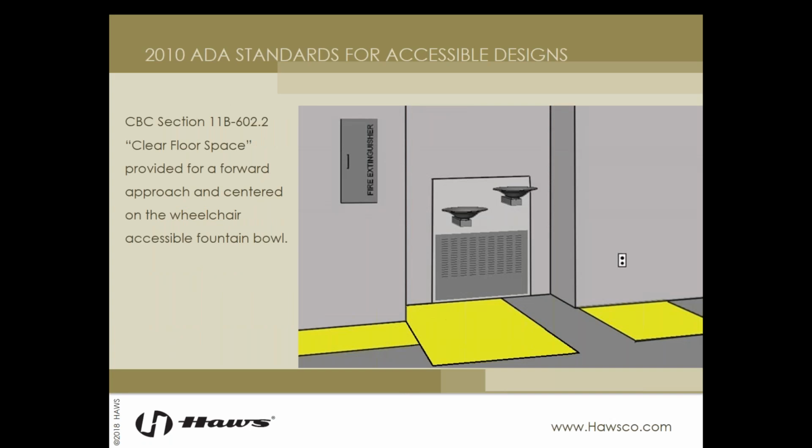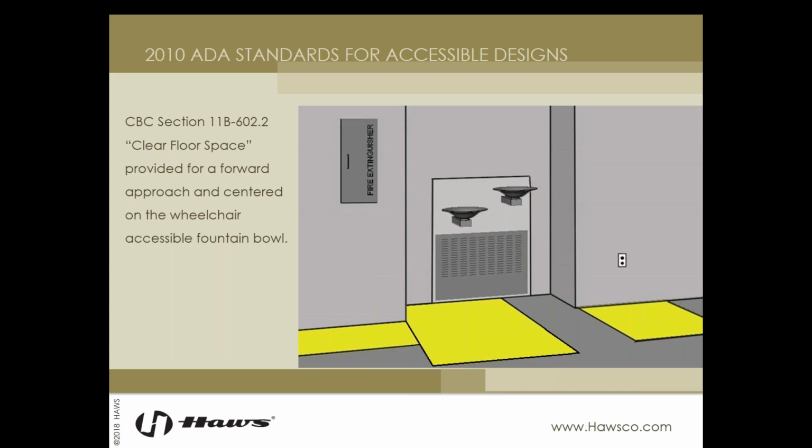This illustration gives you a much better idea of how the floor space is to look. You can see that it's centered on each of the elements. And since the floor space is intended for the wheelchair user, it's centered on the low side fountain.